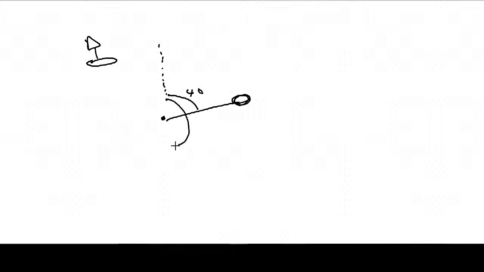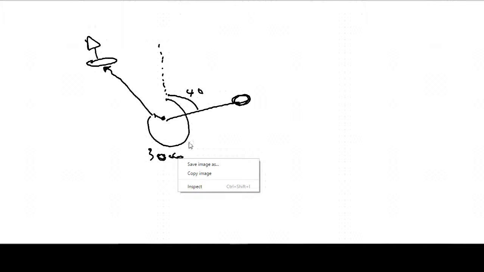And from here to this line is 306. So how many degrees would take me back to true north? Would it be 54 minus 46? It would be 54 plus 46. Do you see how I'm drawing that?